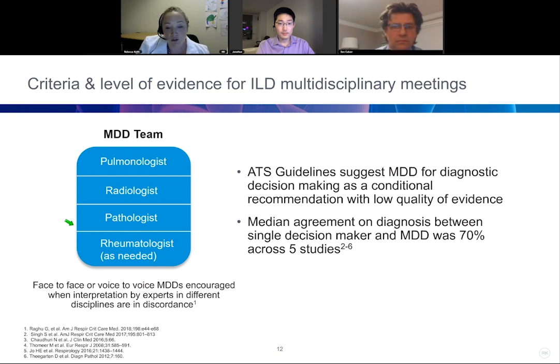So when you think about that, 30% or 300 of those, that's a lot of people where additional input may lead to a different diagnosis and therefore a different therapy. So I think in my own clinical experience, it's really helpful to bounce ideas off of other providers and get other takes on the radiology and the history and physical I'm presenting.